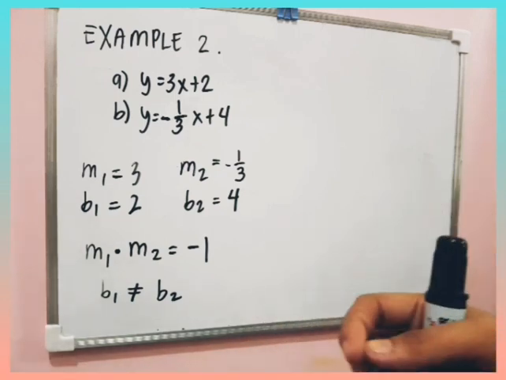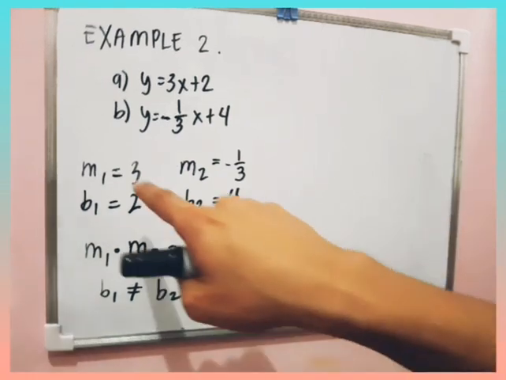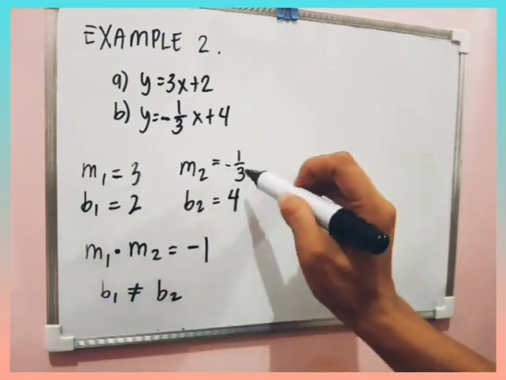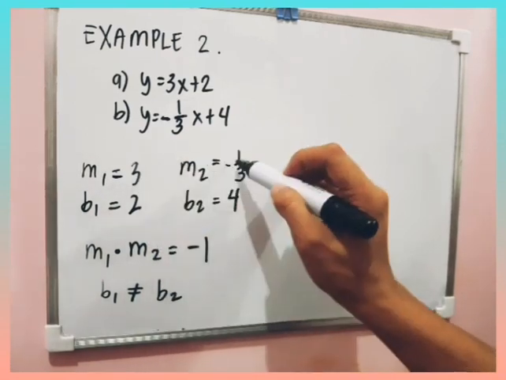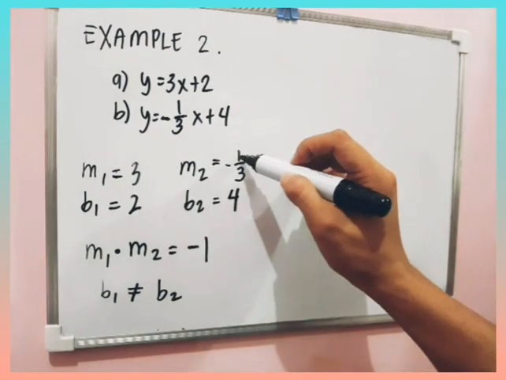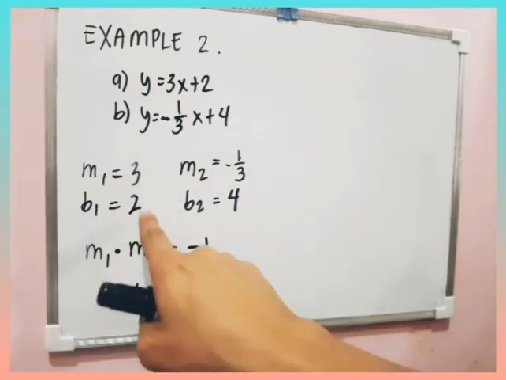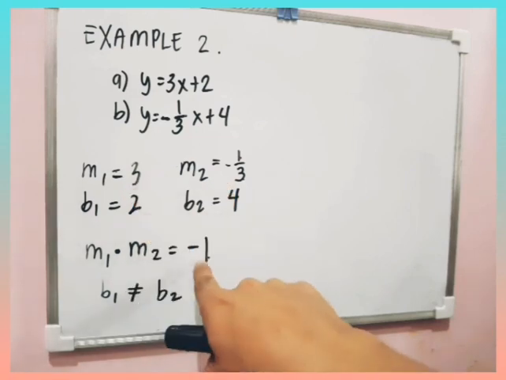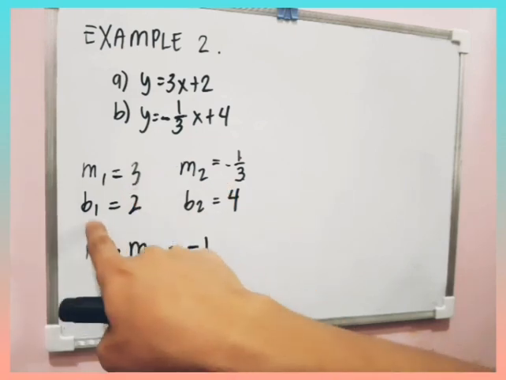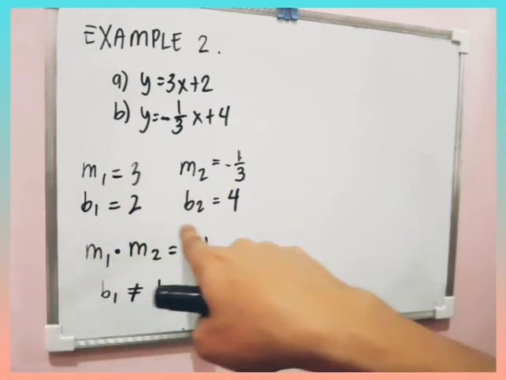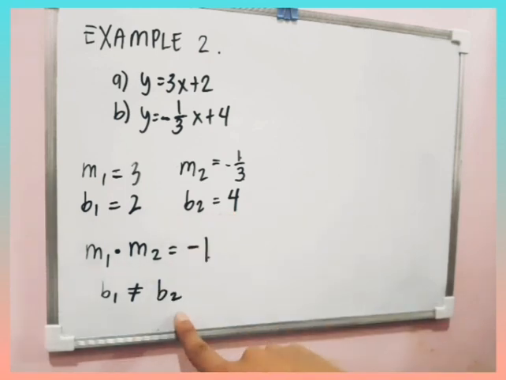Like for example, 3 times negative 1/3, 3 times negative 1 is negative 3, divide mo sa 3 is negative 1. So, pag pinag-multiply mo pala yung dalawang slope at naging negative 1, tapos yung y-intercept natin ay magkaiba, so tingnan natin kung ano yung magiging resulta ng graph.